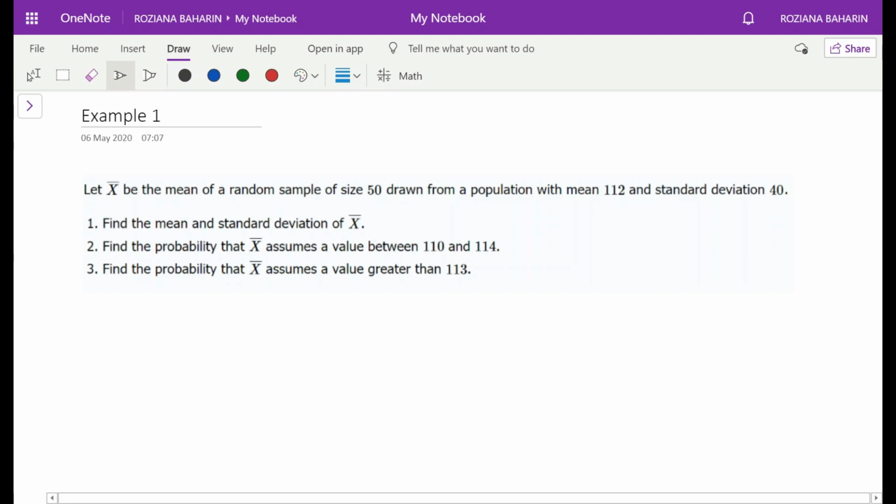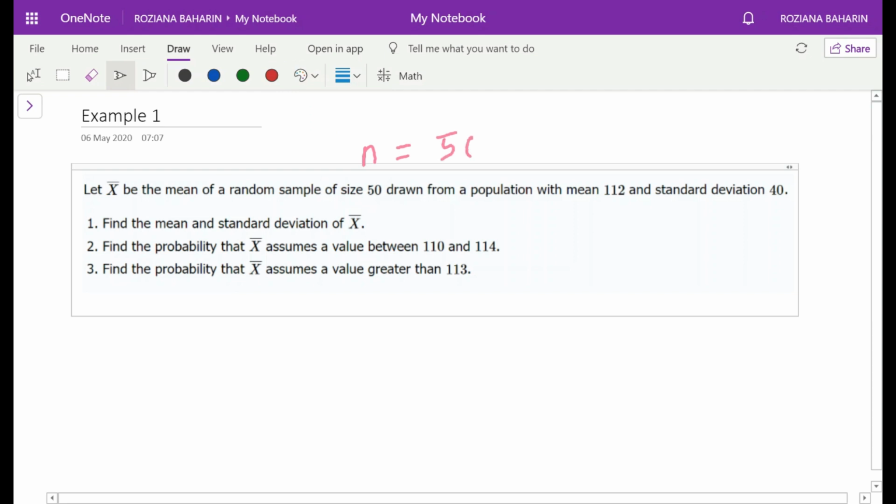Let X bar be the mean of a random sample of size 50, which is your N is 50, from a population with mean 112. So what is this 112? Your mean. So I will write it down here.